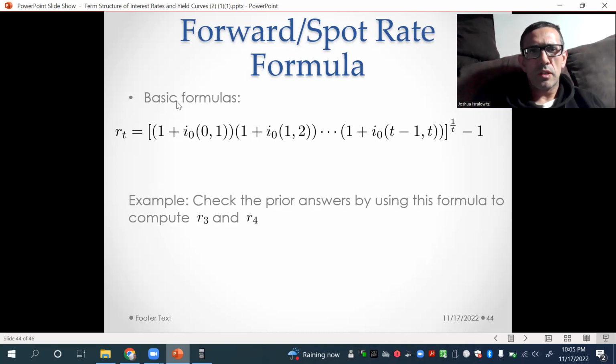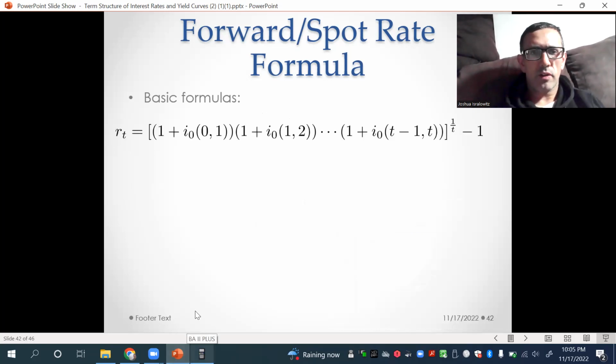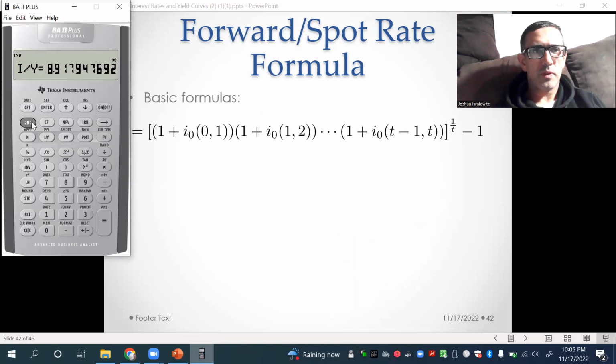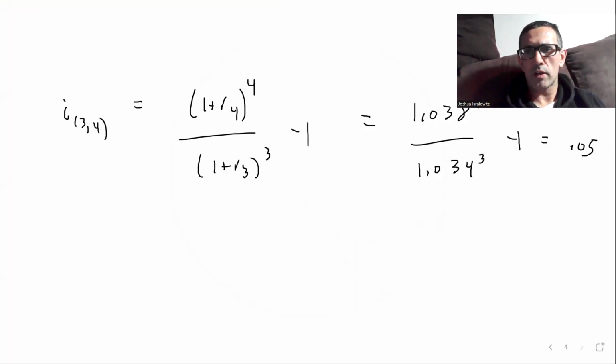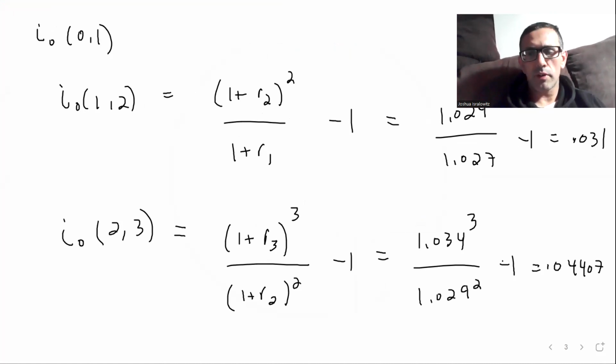The first forward rate is just the same thing as the first spot rate, so that's 2.7%, or 0.027. Let me go to the whiteboard real quick.